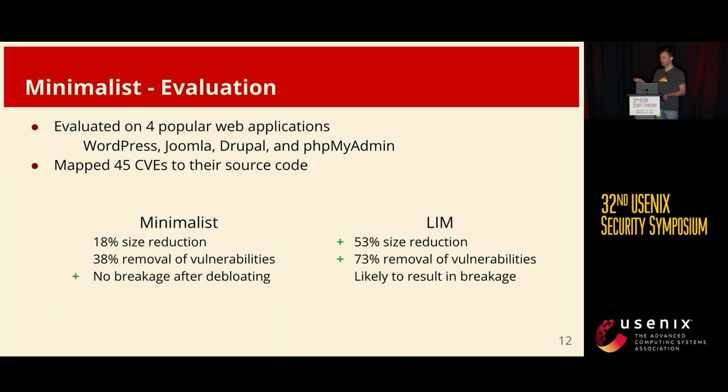And we also compared this to state-of-the-art, which was the dynamic debloating of less is more, where for the same usage profiles, we would see 53% reduction in terms of size, 73% removal of CVEs, but during our automated tests, we observed multiple cases where dynamic debloating was too strict and removed the functionality, whereas from those same entry points, users could invoke them and therefore trigger a broken functionality in the applications.